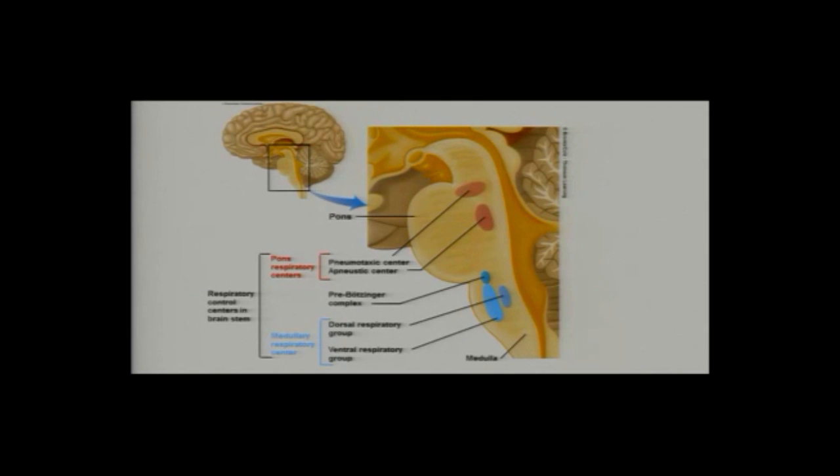You notice that the respiratory center is entirely in the brainstem, which means if you lose brain function above the level of the brainstem, everything about you would cease to be, in terms of your personality, your voluntary control of anything, your language, right?